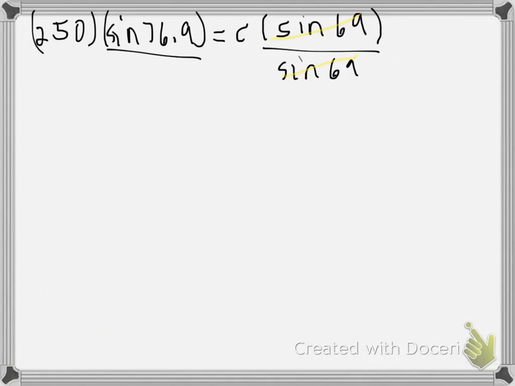And then you divide by the sine of 69 here. And you get c equals, and I'll type it all in here.